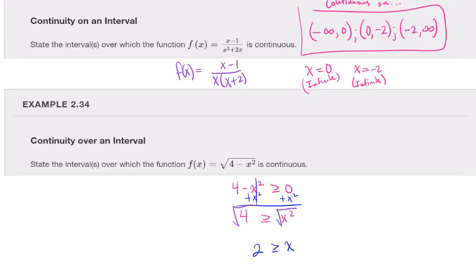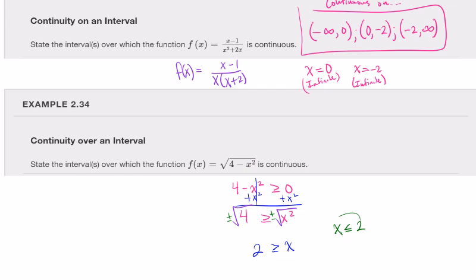Now remember, there's a plus or minus that we want to put out here, so it's really plus or minus 2. The way it works with this inequality is that x has to be less than or equal to 2, because if it was greater than 2, like 3, and I squared 3, I would get 4 minus 9.